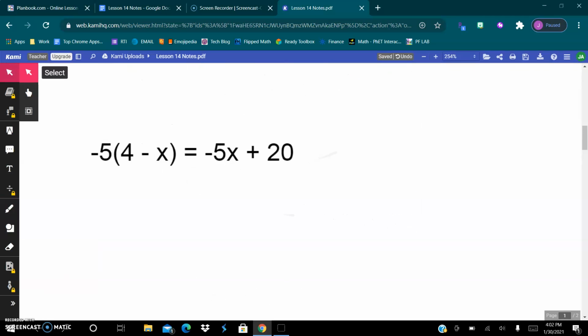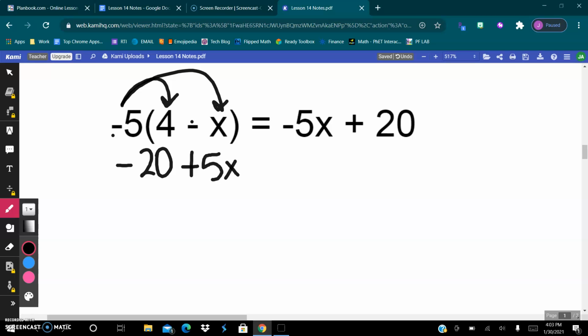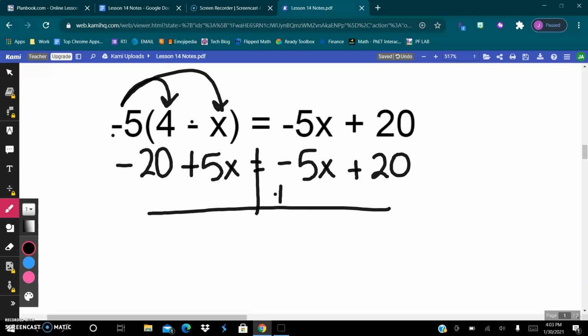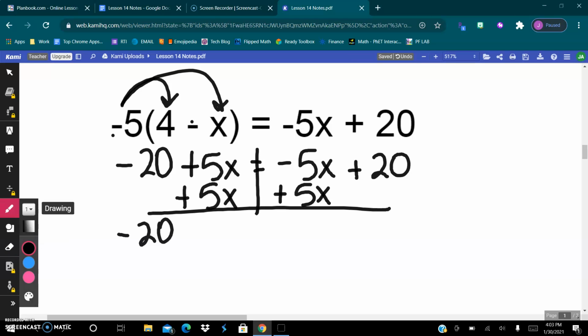Okay, for the next one, when we distribute, we'll have negative 20, and then negative 5 times a negative x is going to be a positive 5x equals negative 5x plus 20. And I have a negative 5x on the right-hand side, so I'm going to add 5x. So I have negative 20, and 5 plus 5 is 10x.